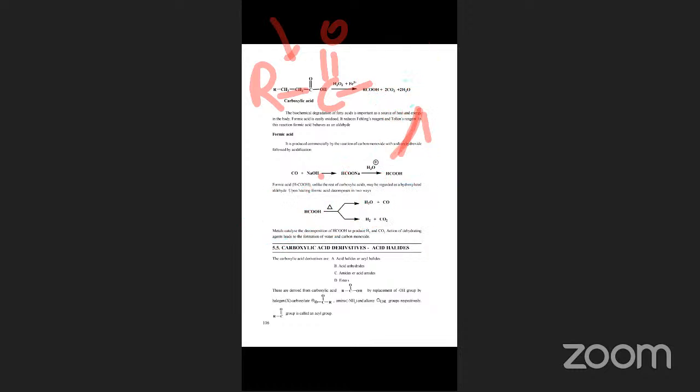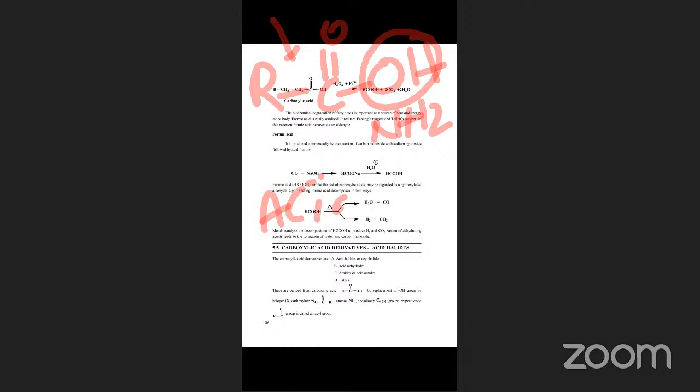Next, in the presence of OH, this is carboxylic acid. Just remove OH minus and add NH2. The second one is acid amide.